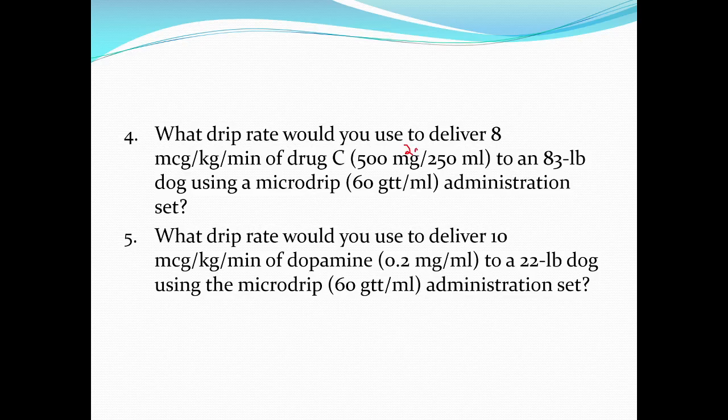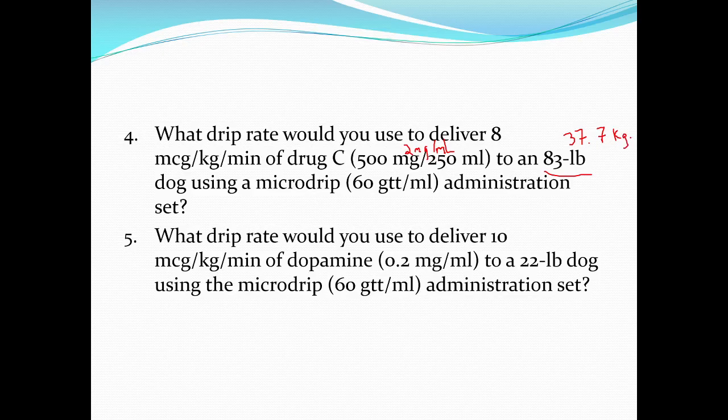2 mgs per mil is a concentration. 83 pounds divided by 2.2 is 37.7 kilograms. Okay.